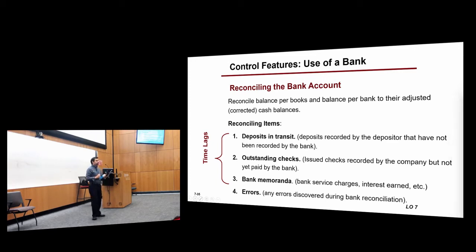So for the bank, you have to look at the deposits in transit, the amounts that the company has deposited. You also have to look at the checks that the company wrote and sent out, the outstanding checks, before the bank actually clears them. You also have all the charges, bank memorandum. And finally, you have to look at the errors.